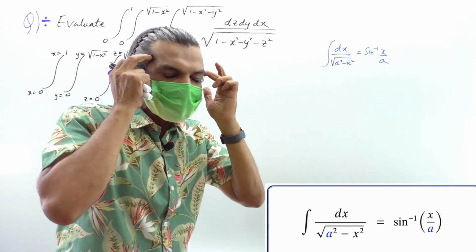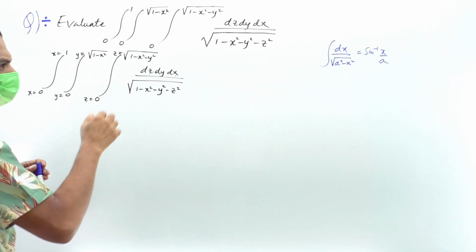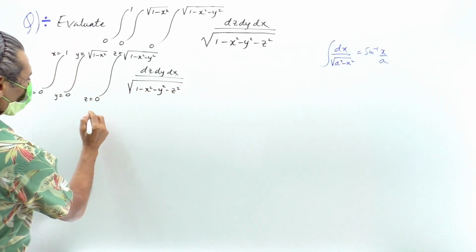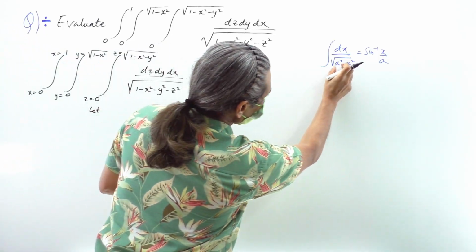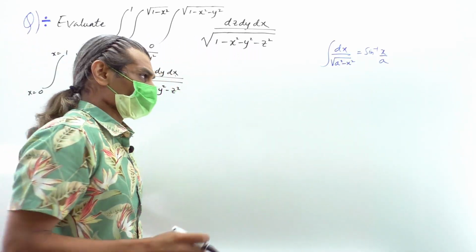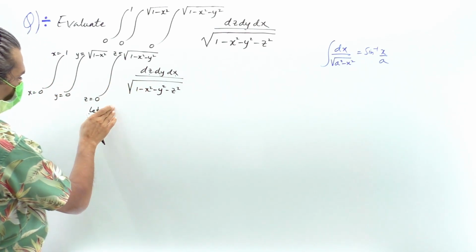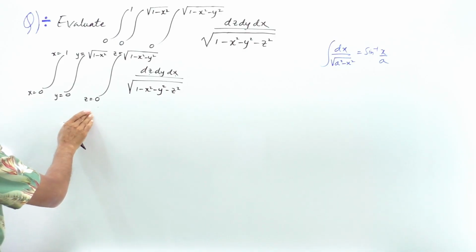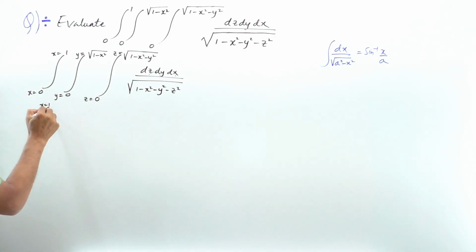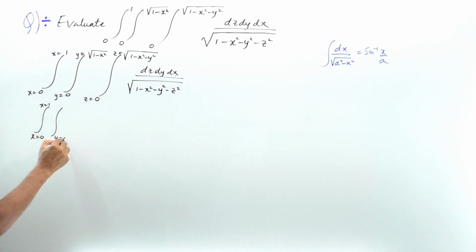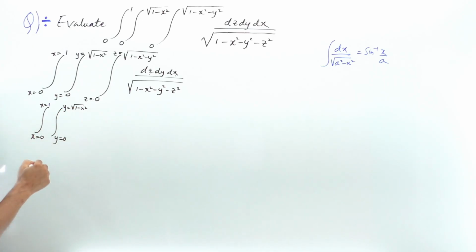You have to make use of brains and make some small changes here. I want this form, a square minus x square, whatever, k square minus whatever. So I'll rewrite this as integral x equals 0 to x equals 1, y equals 0 to y equals root of 1 minus x square.